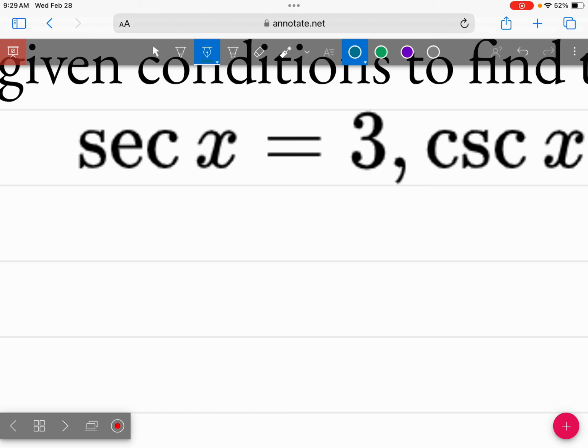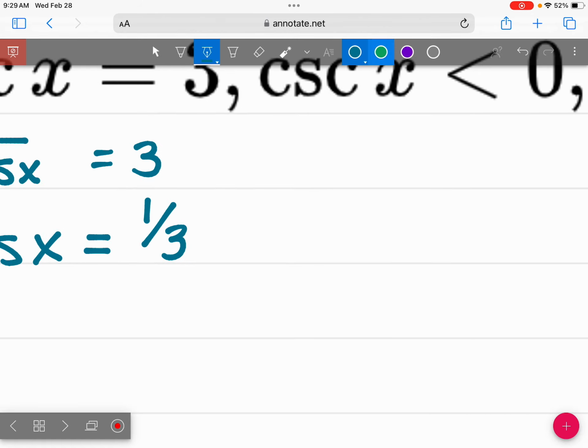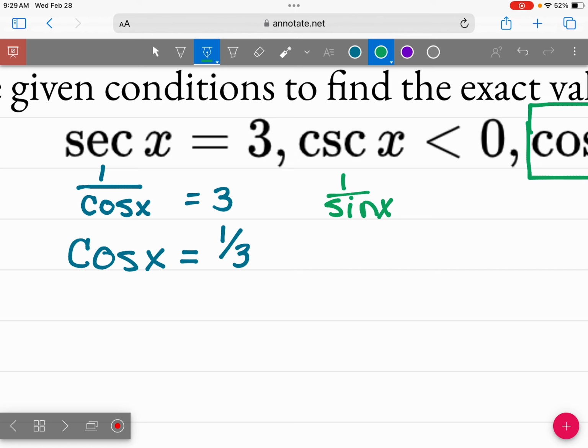Sometimes right off the bat, it's hard to spot the quadrant until we remember that secant is the same as 1 over cosine. So we could switch this to be cosine of x equals 1/3. So we know our cosine's positive. And cosecant, that's 1 over sine of x, and that's less than 0. So we know sine is negative.